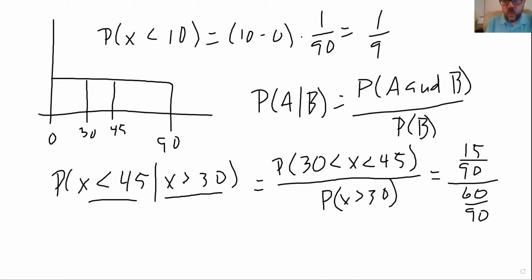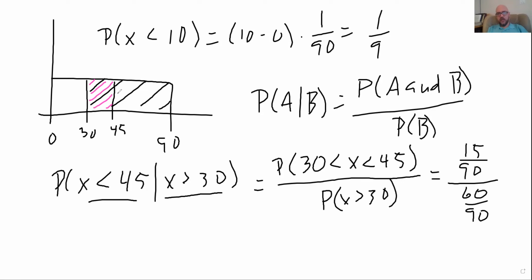So within, let's do the black, within this, what's the probability of this? So what portion of the black area is also pink is essentially what the question is.